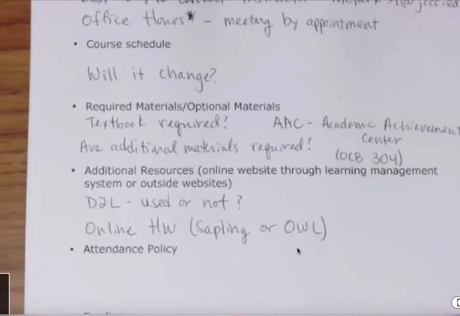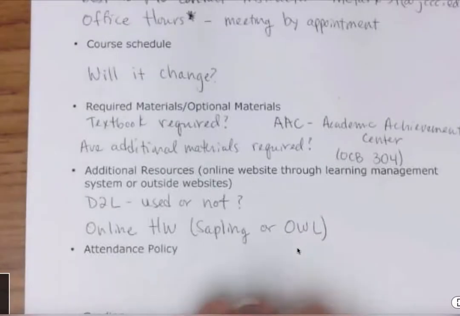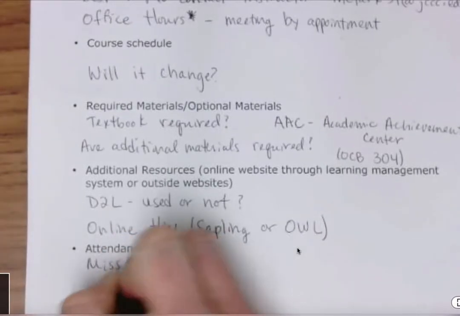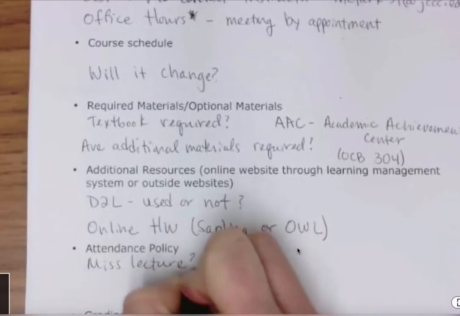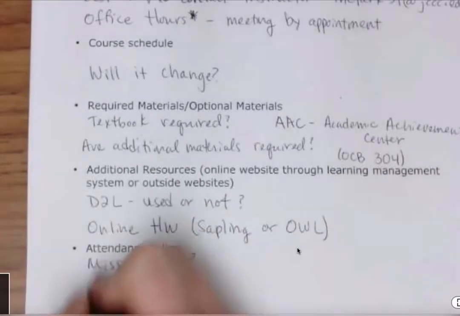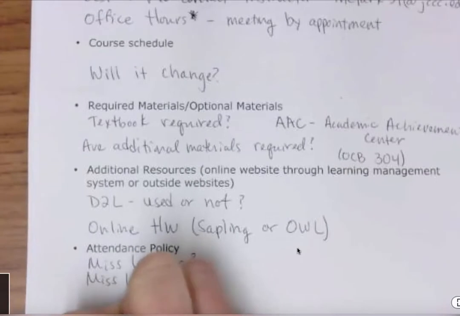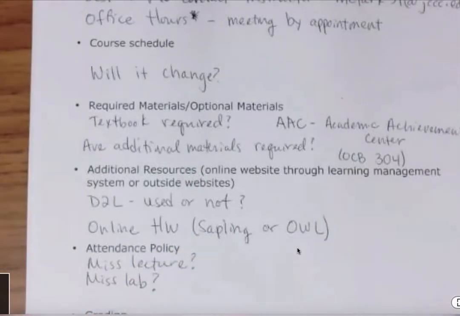Something that's very important with science courses is the attendance policy. What happens if you miss lecture? What happens if you miss lab? Now I know for our chemistry courses, whether it's Chem 122, which is Principles of Chemistry, or General Chemistry 1, which is Chem 124, if you miss more than 2 labs, you will receive a failing grade for the course actually.